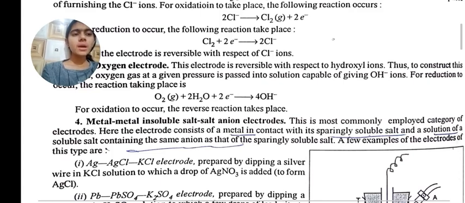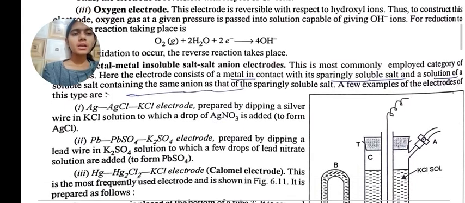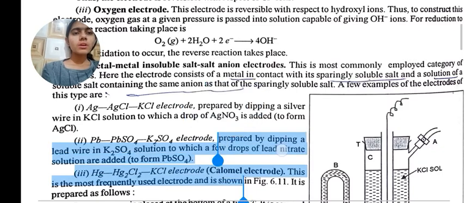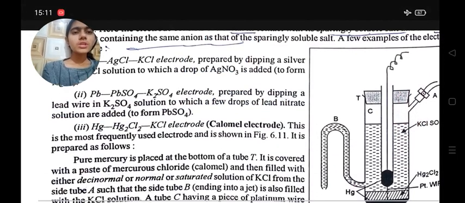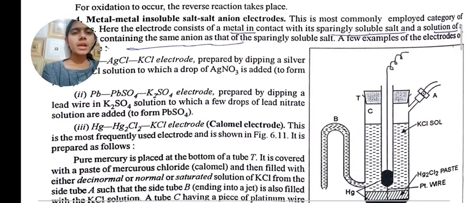A few examples of the electrodes of this type are: first, AgCl KCl electrode, prepared by dipping a silver wire in KCl solution to which a drop of AgNO3 is added. Second, lead sulfate potassium sulfate electrode, prepared by dipping a lead wire in K2SO4 solution to which a few drops of lead nitrate solution are added to form lead sulfate.